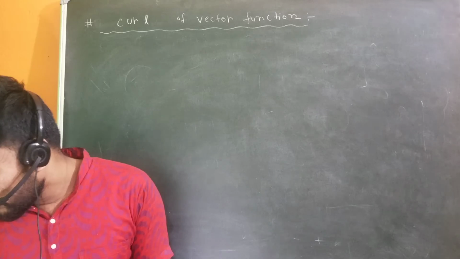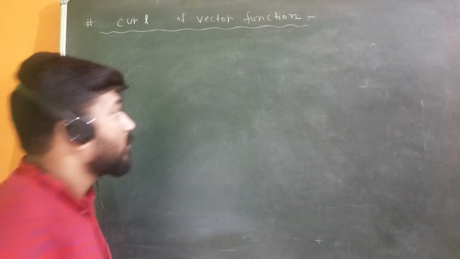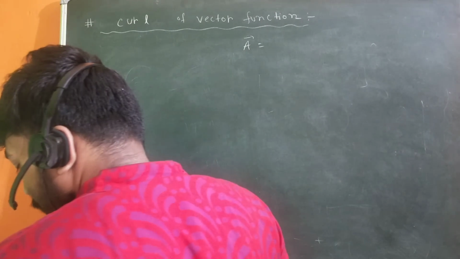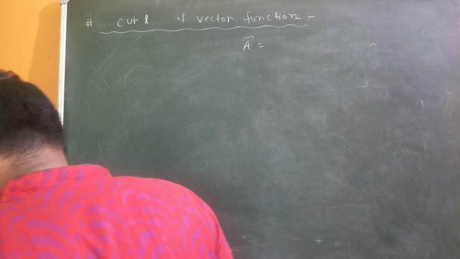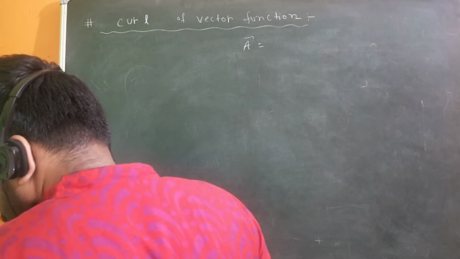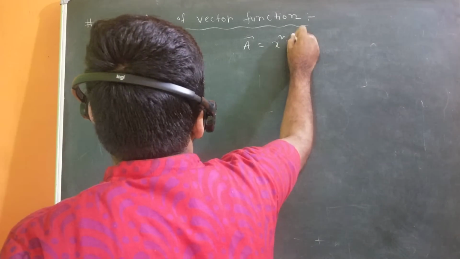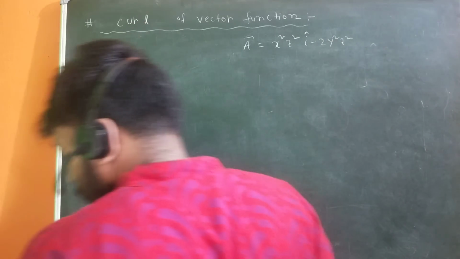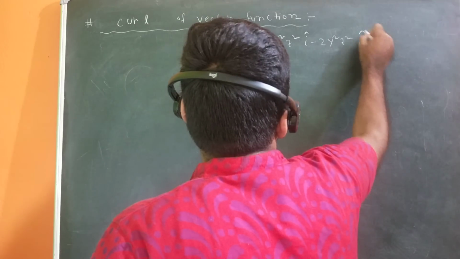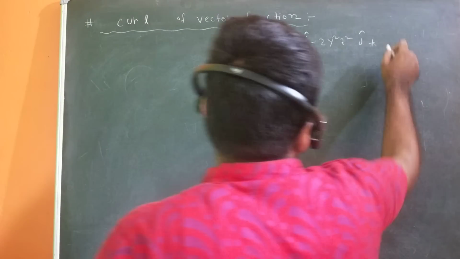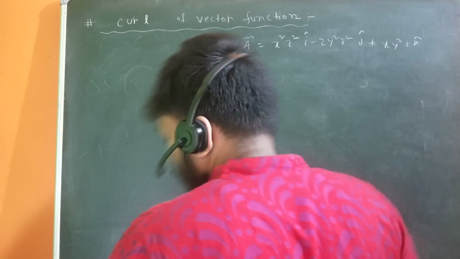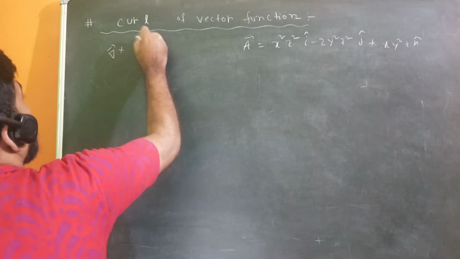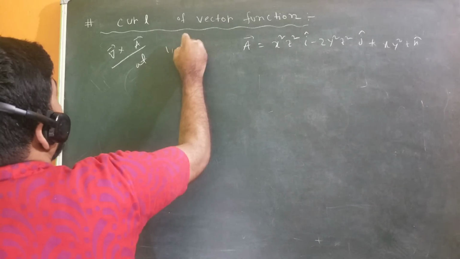Here we have taken a problem where A vector is equal to x square z square minus 2y square z, plus x y square z k cap, and you have to find out the curl of A at the point (1, -1, 1).